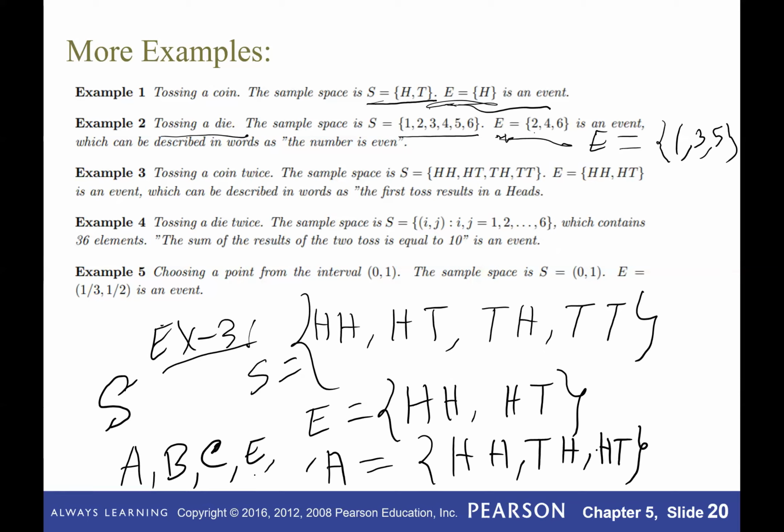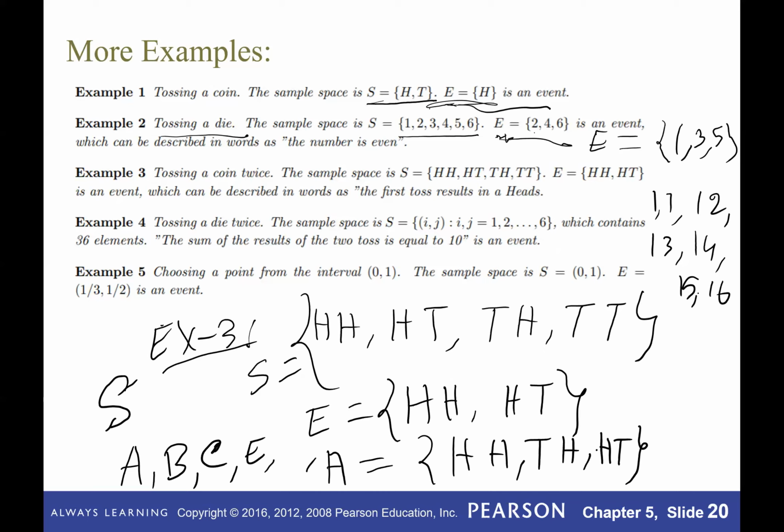Example for tossing a die twice. If you toss a die twice, then you will have a total of 36 outcomes. You will get (1,1), (1,2), (1,3), (1,4), (1,5), (1,6). If in the first roll you get 1, then in the second roll you have 6 possibilities: you can get 1, 2, 3, 4, 5, or 6.